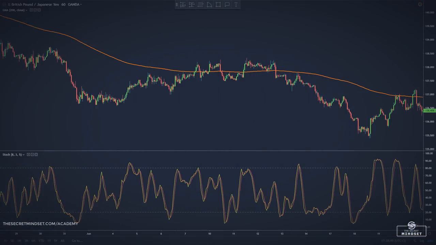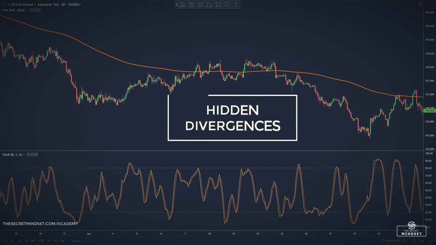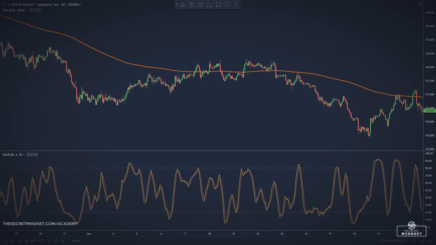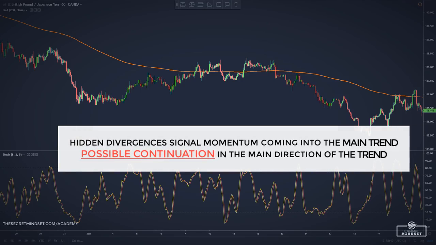The stochastic oscillator is an excellent tool for spotting hidden divergences. If you are a trend trader, hidden divergences should be one of your most important tools. Hidden divergences signal momentum coming into the main trend, suggesting a possible continuation in the main direction of the trend.